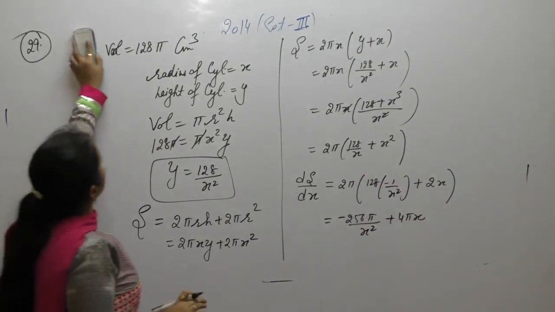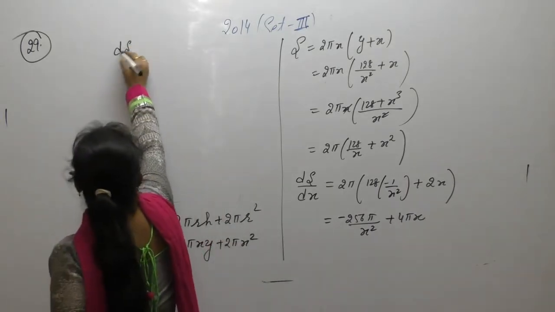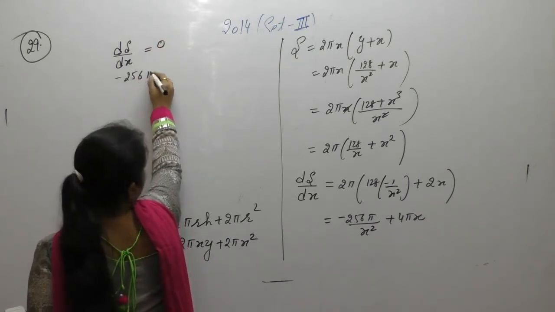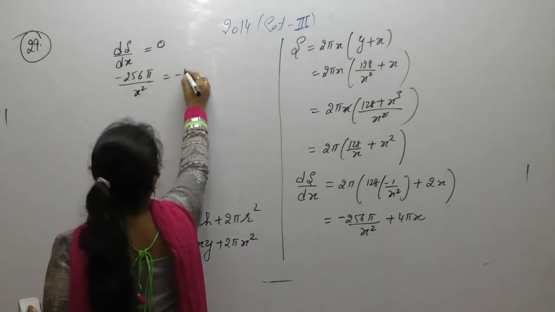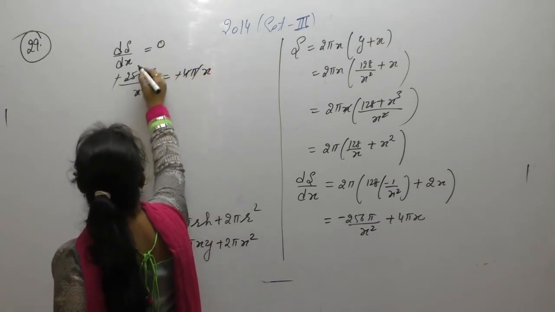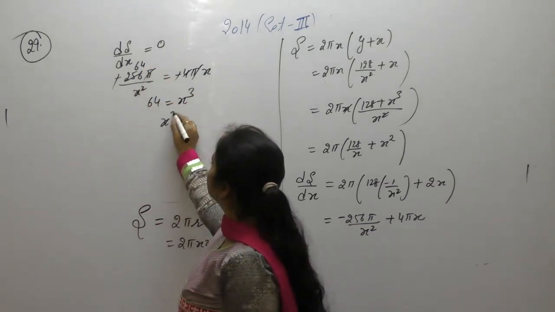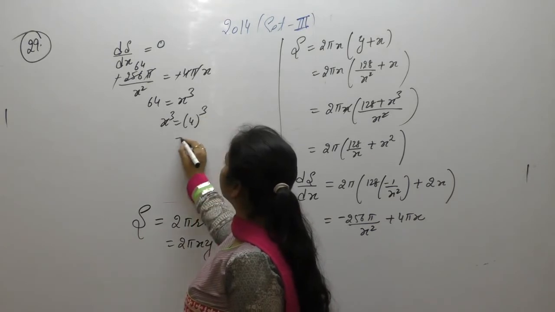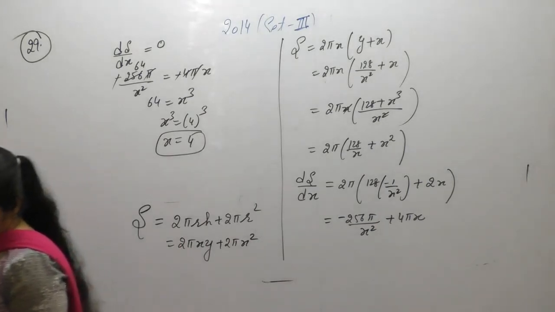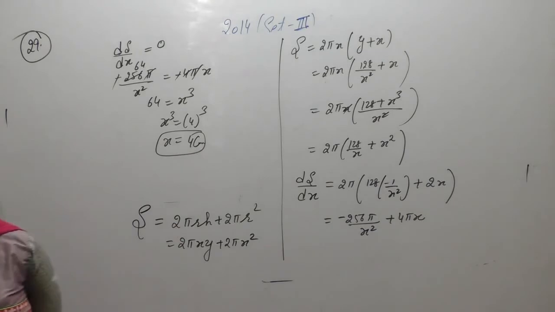Now for the critical points, put the first derivative equal to 0: minus 256 pi upon x square plus 4 pi x equals 0. Pi will get cancelled, and the negative sign cancels. 64 is equal to x cube. 64 is 4 cube. So we get the value of x as 4. So x is equal to 4 centimeter.